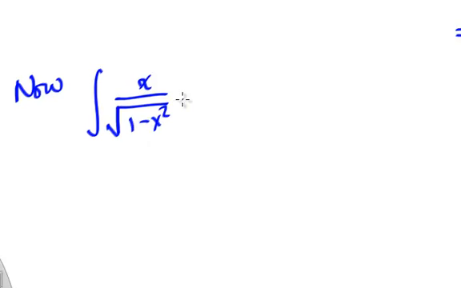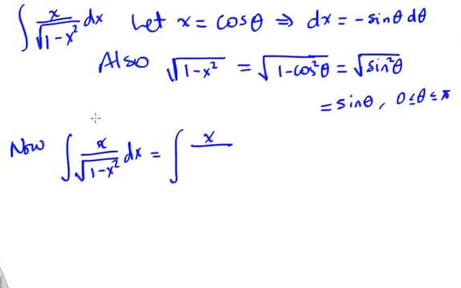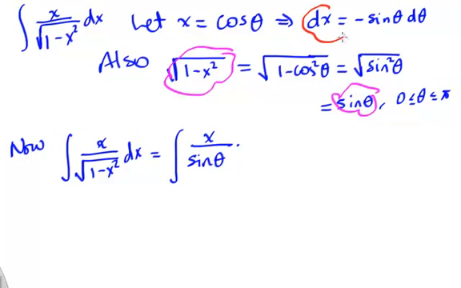So then our integral becomes x over the square root of 1 minus x squared dx, which equals x over the square root of 1 minus x squared, this guy is sine theta, so I'm going to put sine theta in for it, times dx, which is minus sine theta d theta.